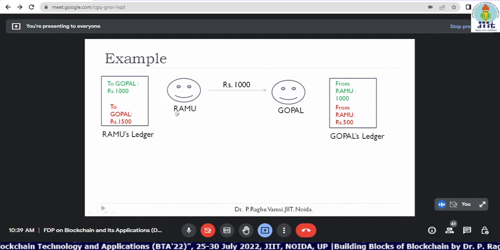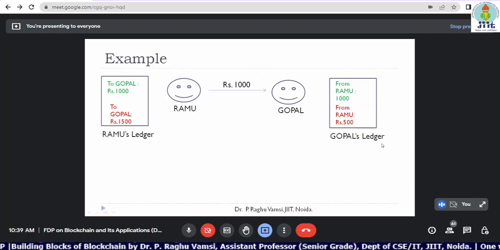For Ramu's business, this ledger is independent, and for Gopal, it is independent. There is no dependency between these ledgers; they are individual and isolated. That is the reason the auditor cannot verify by merging all those ledgers, thereby the chance of fraud may occur. So that is the reason we need to have a mechanism to verify in a decentralized way.